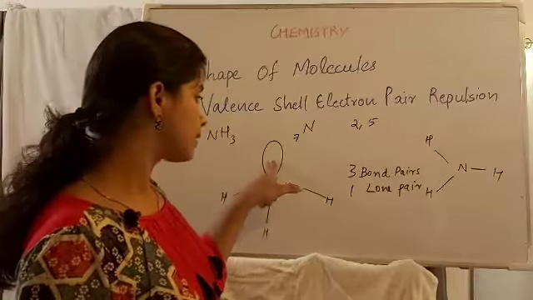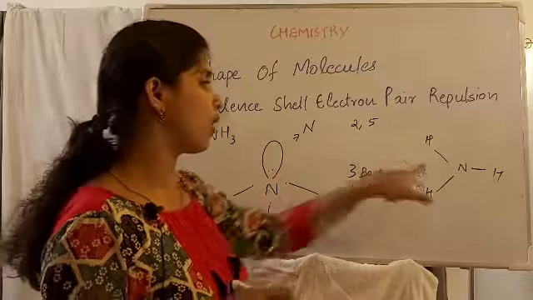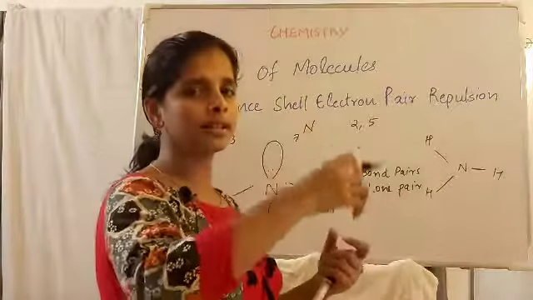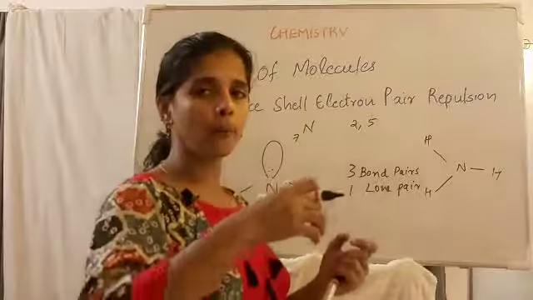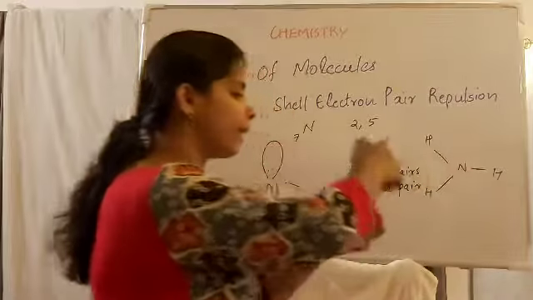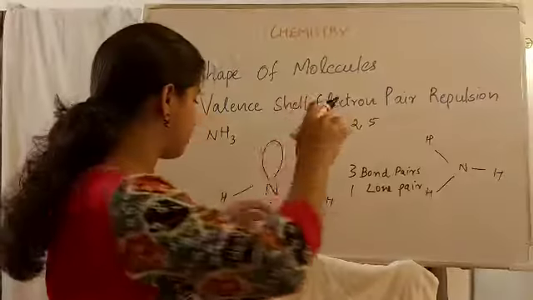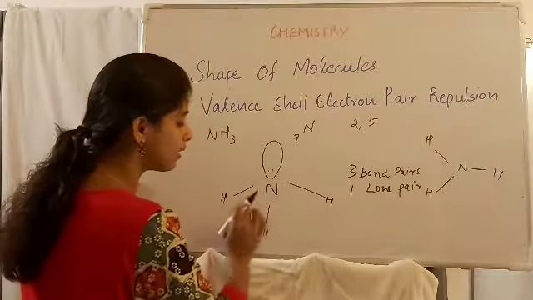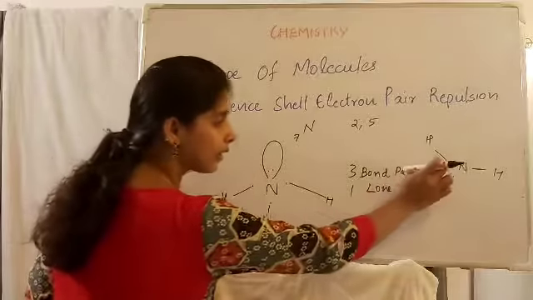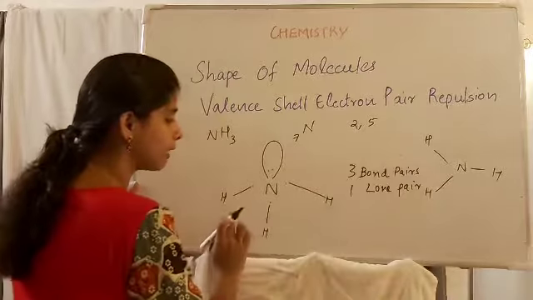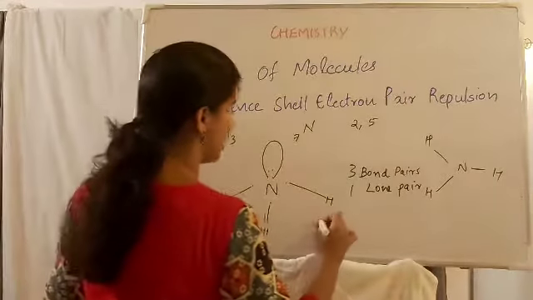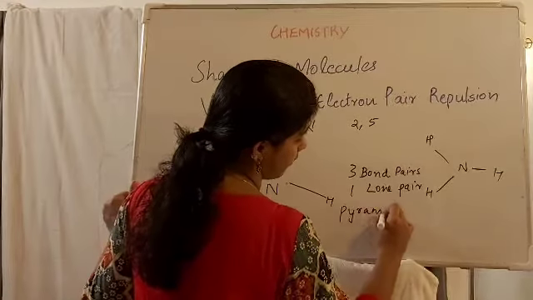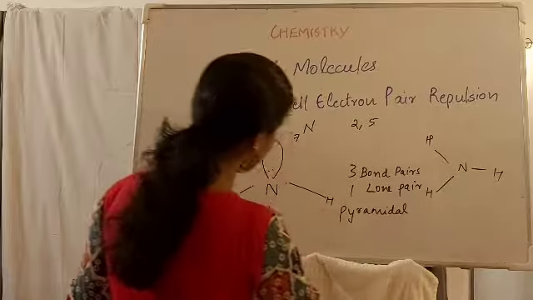But due to the presence of one lone pair on this nitrogen atom, because of the lone pair-bond pair repulsion, these bond pairs are shifted like this. So it is not the regular trigonal planar geometry. It is a pyramidal structure.